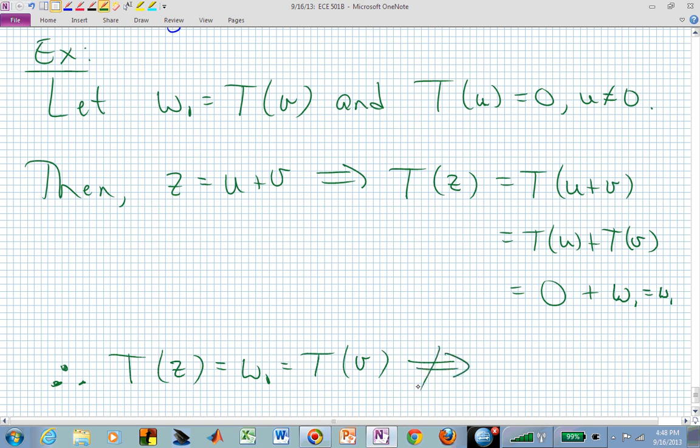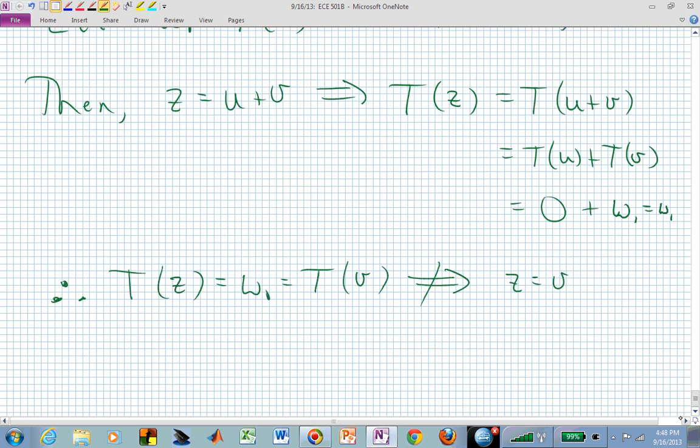And that does not imply that z was equal to v, because z was actually v plus u, where u was some non-zero vector in the null space of T. And this now says that this is not a one-to-one map.